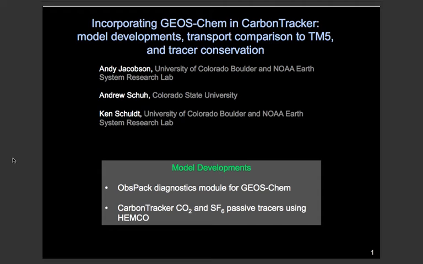There aren't enough data to do the problem in a robust fashion, just constraining it directly by observations. Therefore, we are extremely sensitive to details of how the problem is set up. And one of those details is, of course, the assumed transport. Since the days of TransCom, people have thrown multiple transport models at this problem in order to get a handle on what the uncertainty is due just to the transport. And that is indeed what we're trying to do with CarbonTracker, to have two operational models running the system.